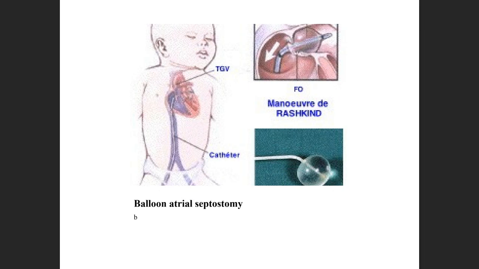Okay. So we would transport this child with an infusion of prostaglandin to maintain the patency of the ductus arteriosus until the child can be admitted to a facility where there are further investigations that can be done to establish the diagnosis.